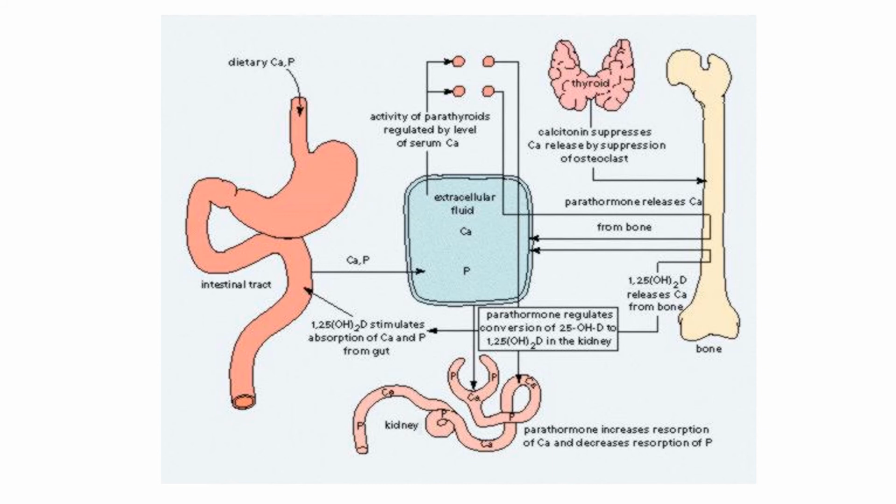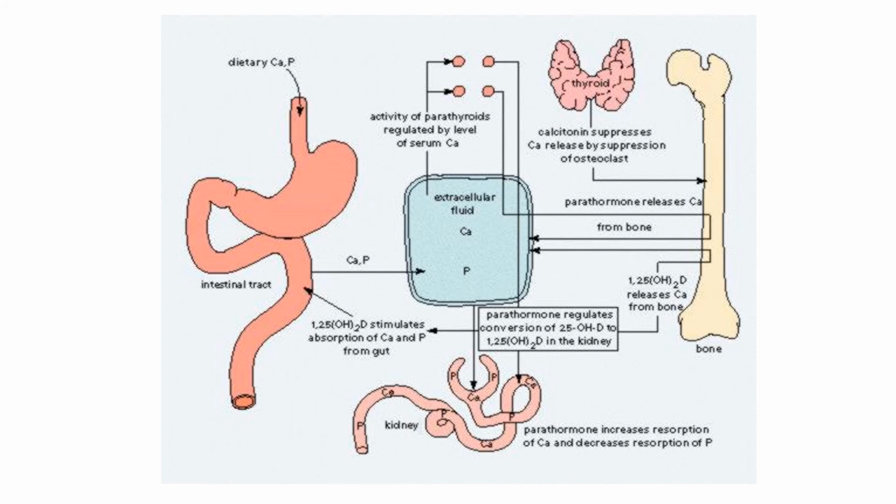And as we know, the calcitonin receptor is present on the osteoclast, and this calcitonin suppresses calcium release by the bone by suppression of the osteoclast. Vitamin D also releases calcium from bone, and this release is regulated through parathyroid hormone.